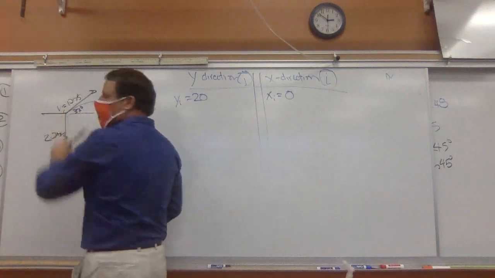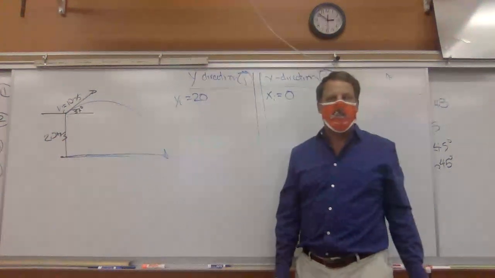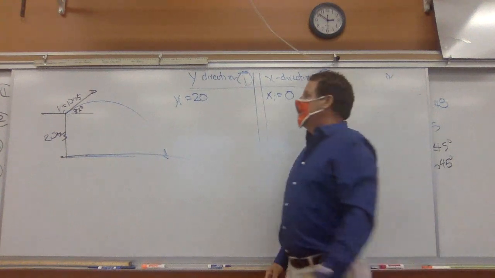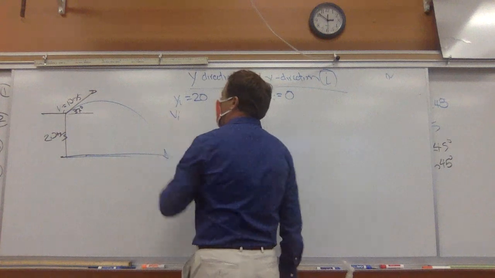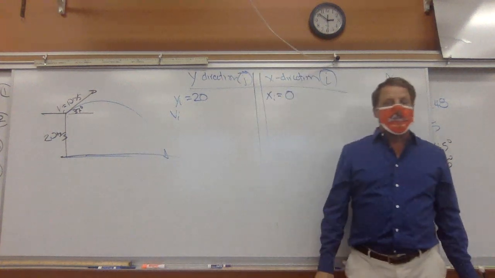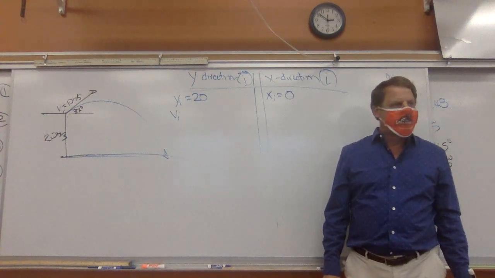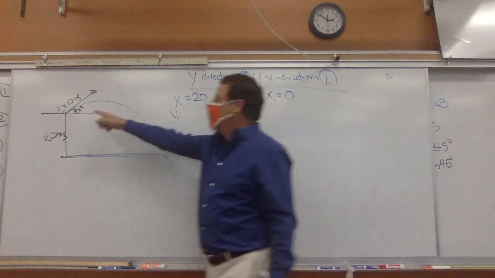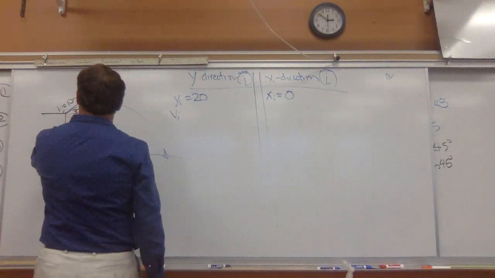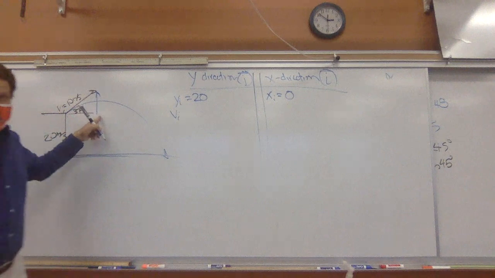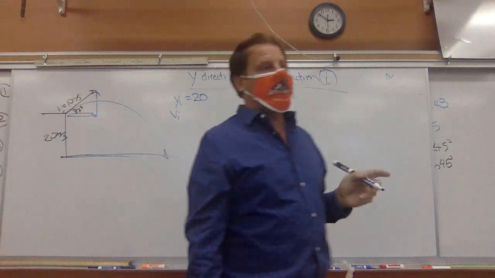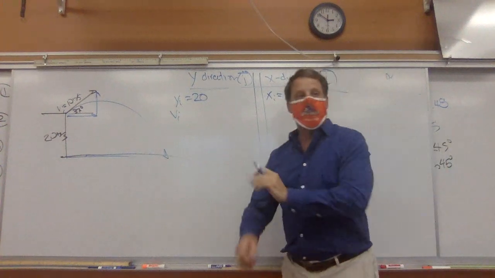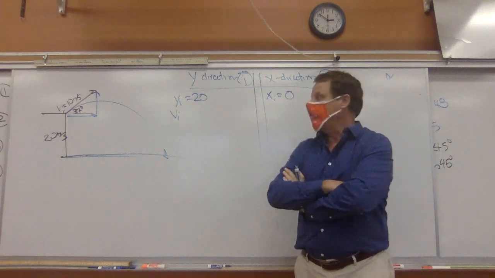And we could, again, think of that as a Cartesian plane. In that Cartesian plane, we're at 0, 20. And what is our initial velocity going to be? Now, 10 is at an angle. So I want to know how fast it's going upwards, and then how fast it's going in the X direction.